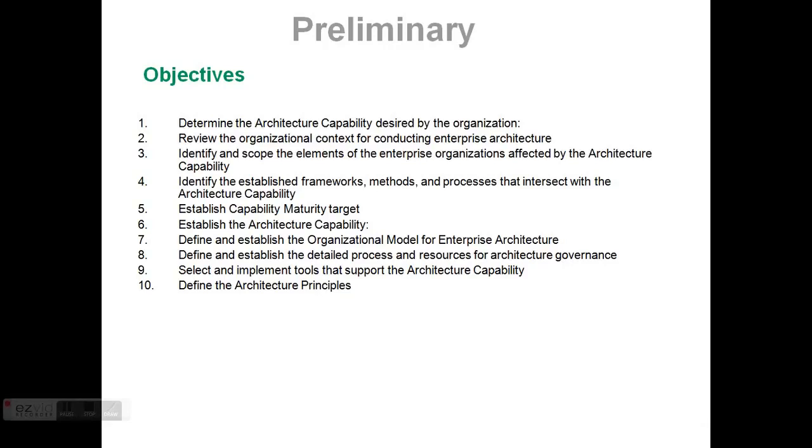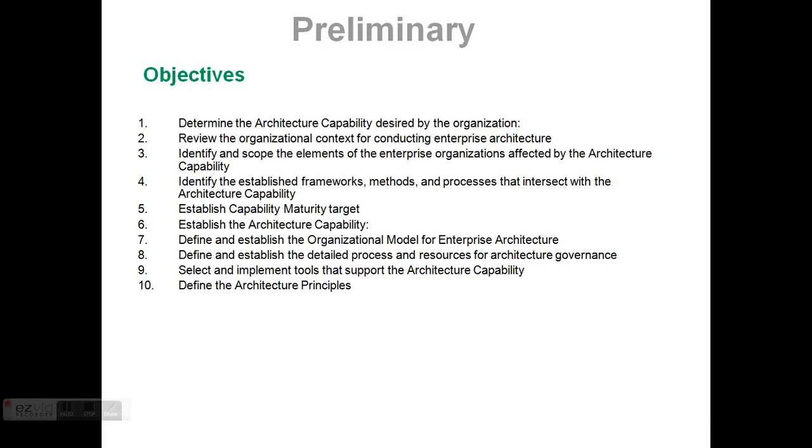Identify the scope, the elements of the enterprise organization affected by the architecture capabilities. So these are the capabilities that we are going to introduce into the new enterprise. Identify the establishment of a framework, methods, and processes that interact with the architecture capabilities.